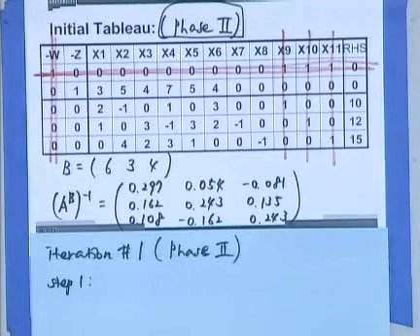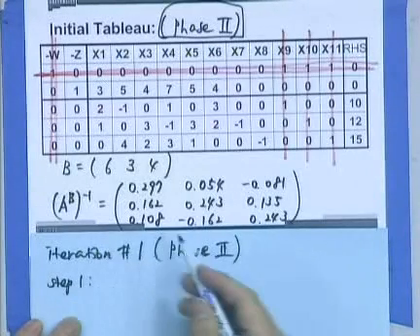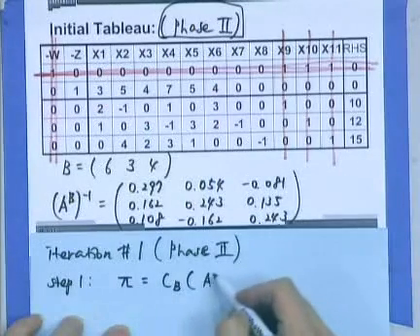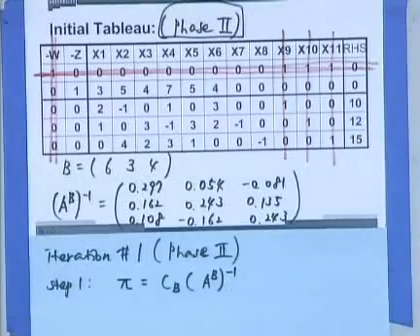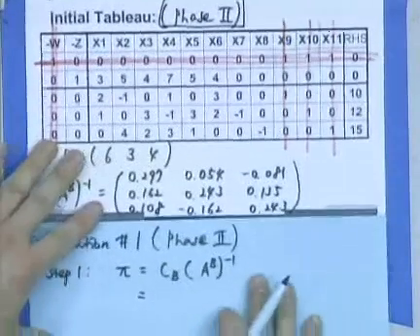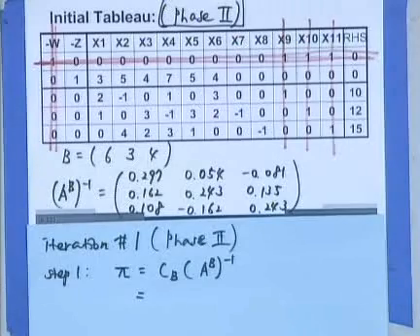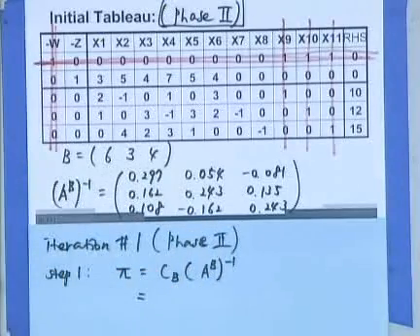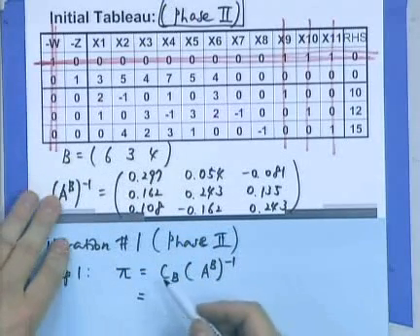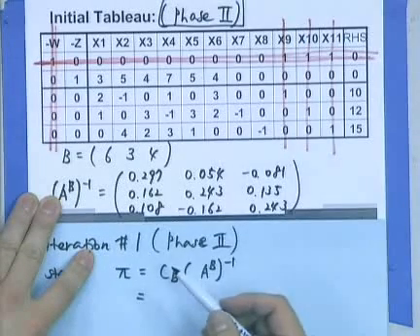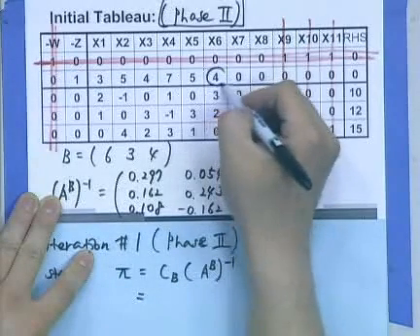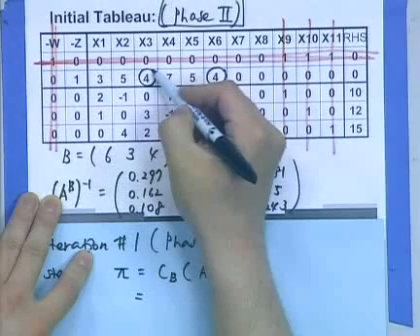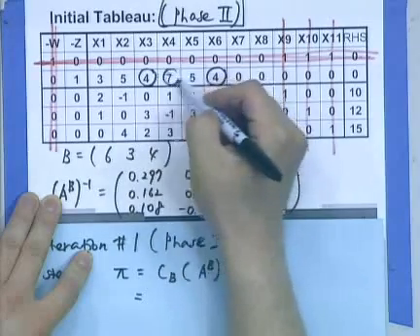Again, the first step is to compute the simplex multiplier vector, which is pi, equal to c_B times the basis inverse matrix. What is the objective coefficient vector corresponding to the current basis set? Should be 4, 7. Is that right?